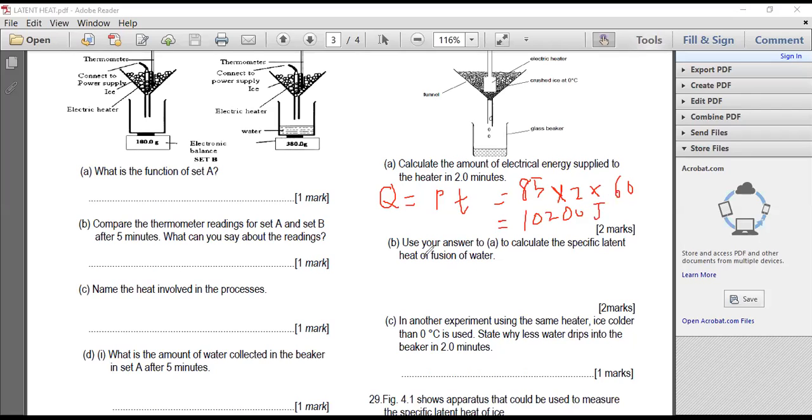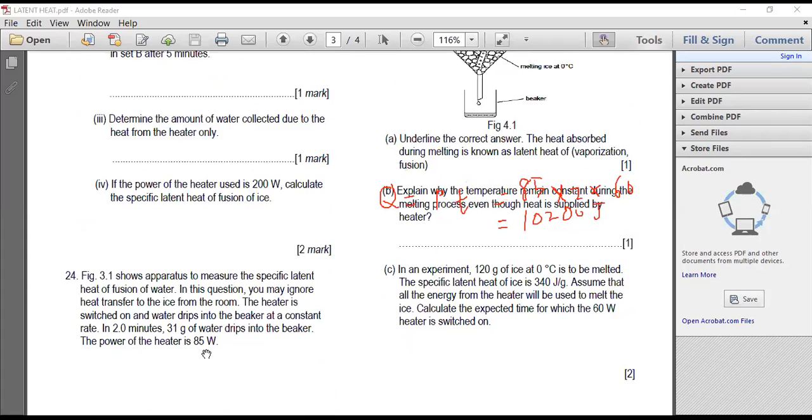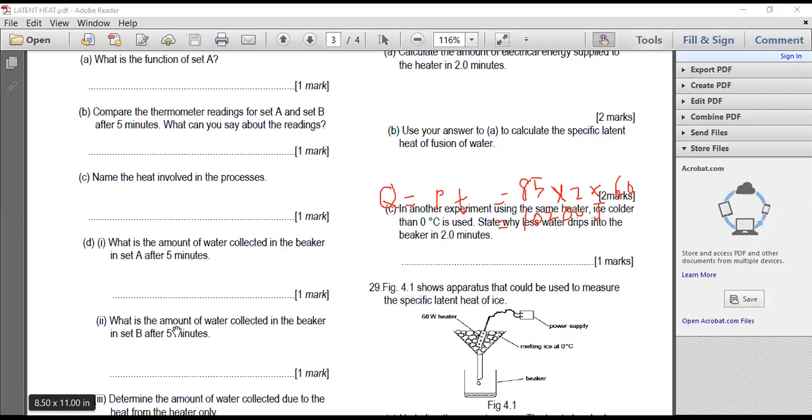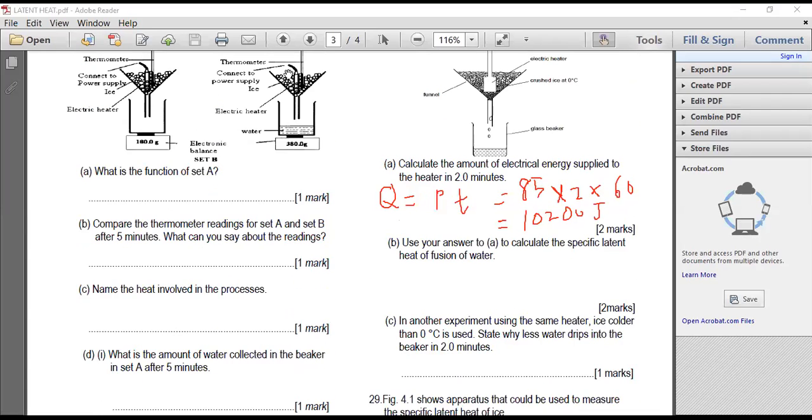Now use your answer to calculate the specific latent heat of fusion. The mass melted is 31 gram. This one we can use Q equals ml.